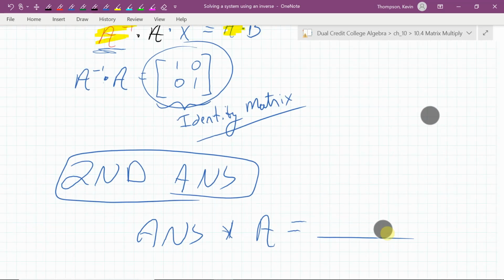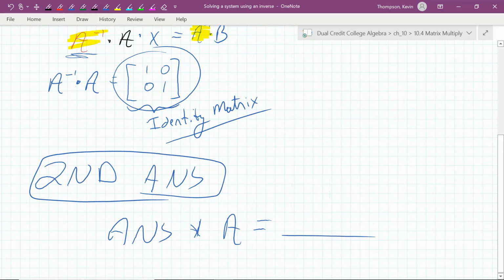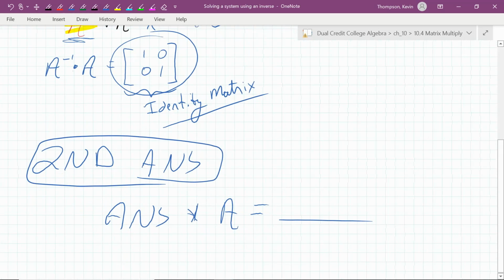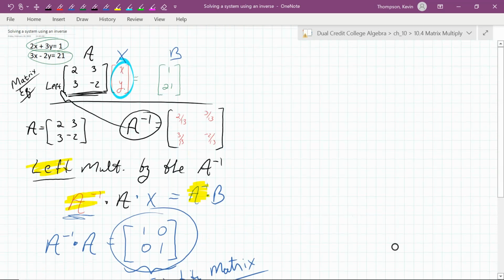Do you recognize that answer? What is it? Yes, it's actually this same matrix A.